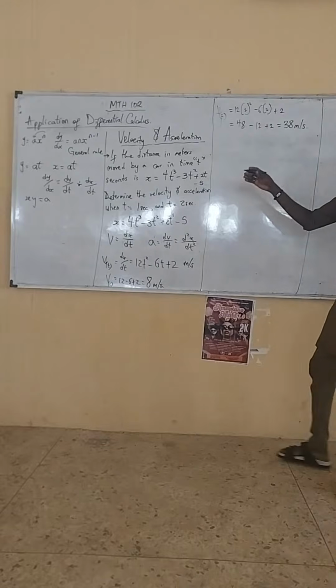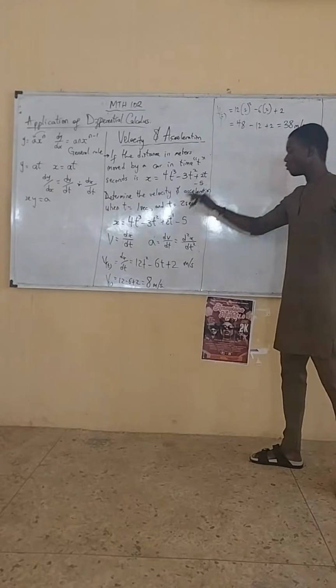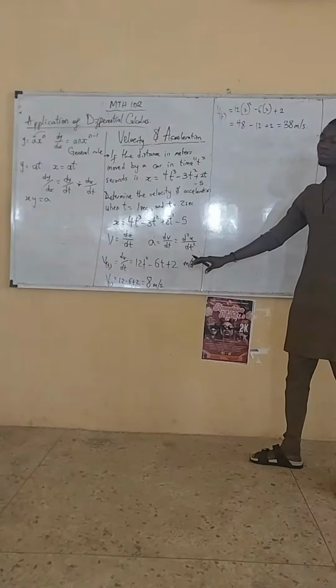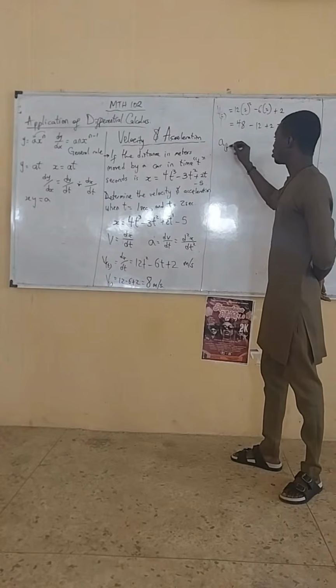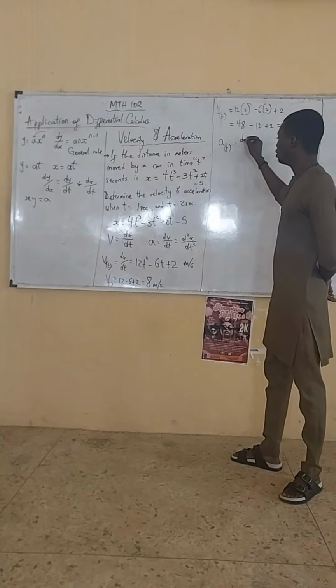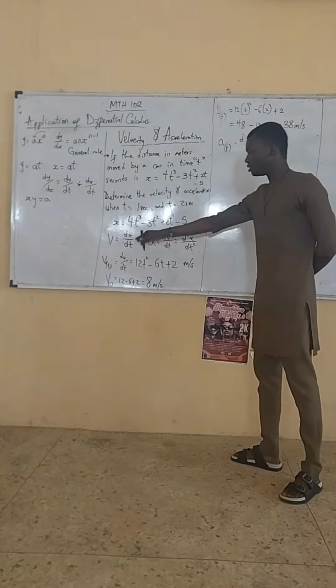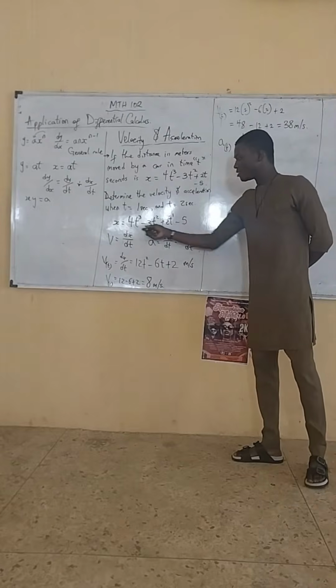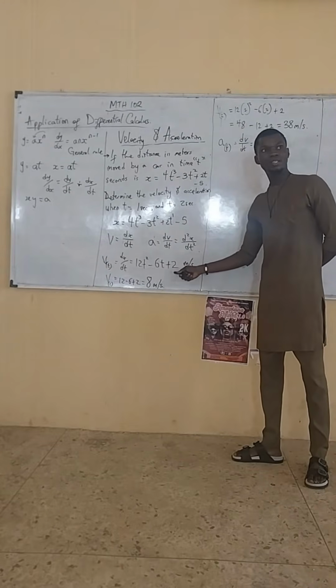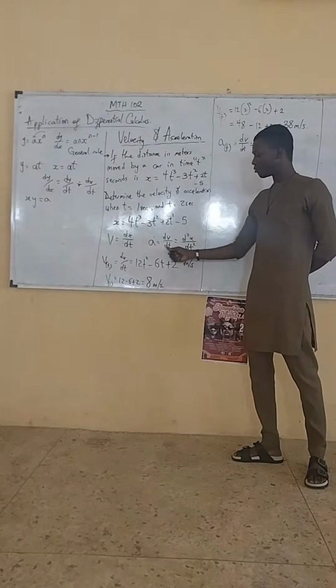Now we've done the velocity. We've gotten the 2 velocities at 2 different times. Now what will be the acceleration? Acceleration with respect to t will be the second derivative, or let's say the derivative from here, the derivative of v with respect to t. The first derivative gives us this. The second derivative means finding the derivative of this one again.